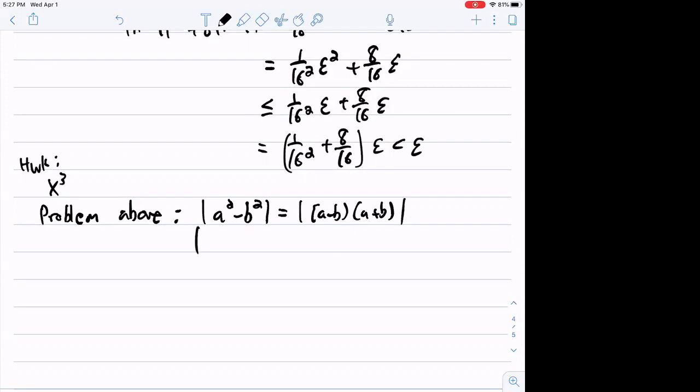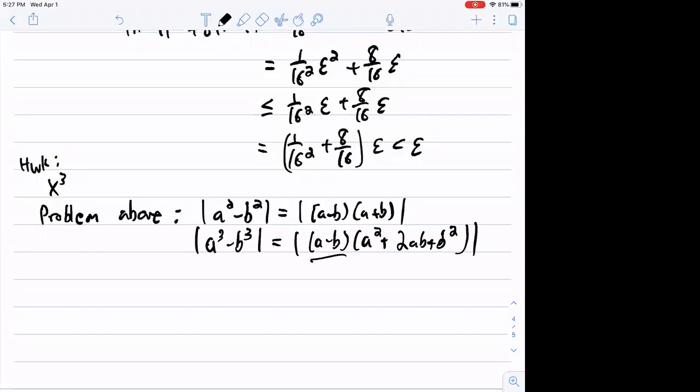For your homework, you're going to have to use the fact that a cubed minus b cubed is, I think it's this, so correct me if I'm wrong. Something like this. This will give you your delta term, so you only need to work with bounding this part.